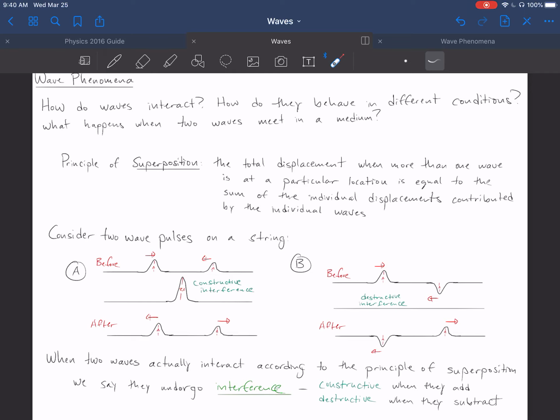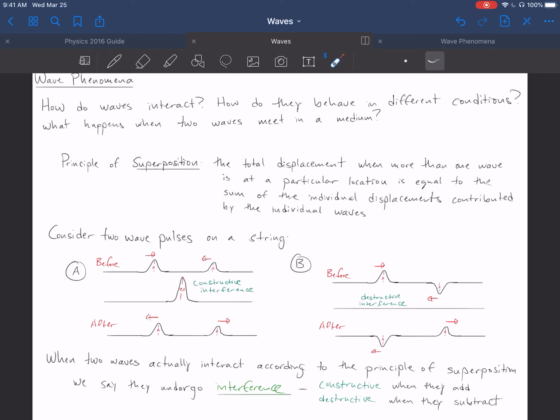We have a particular terminology for how they interact when they are in the same place at the same time. We call how they interact interference. When they add up, as in case A, we call that constructive interference. And when they subtract, as in case B, we call that destructive interference.